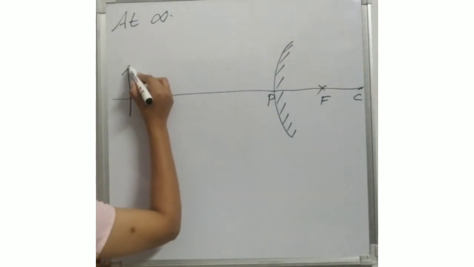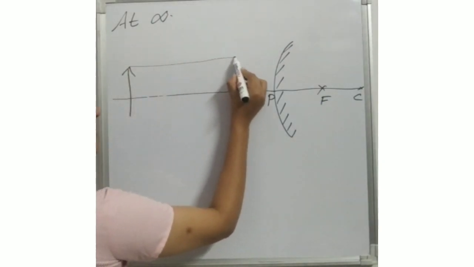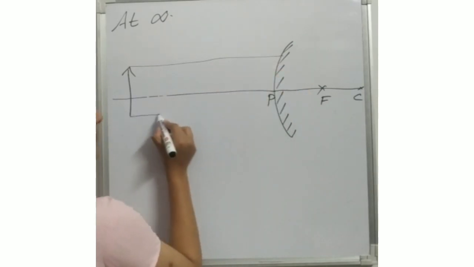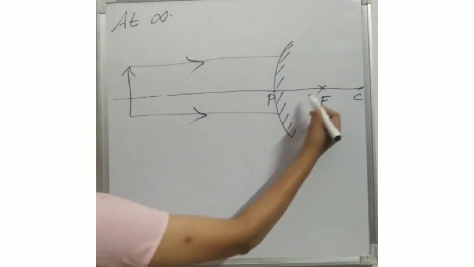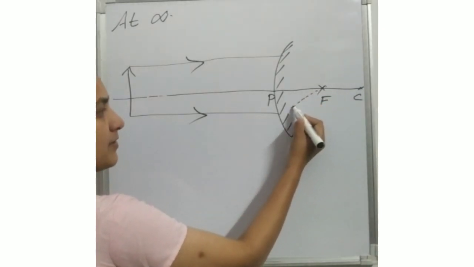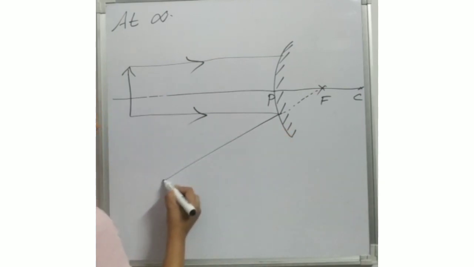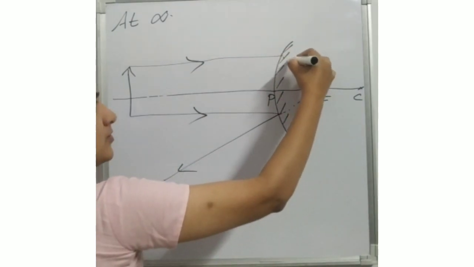So we can draw two parallel lines here. If parallel lines come to the mirror, they will reflect as if coming from the focus. Here also it is like that.